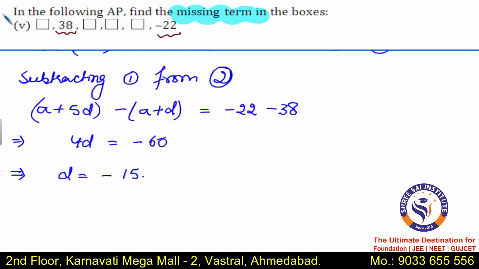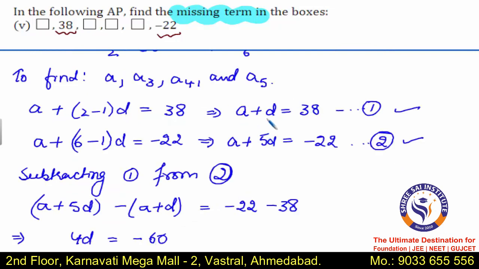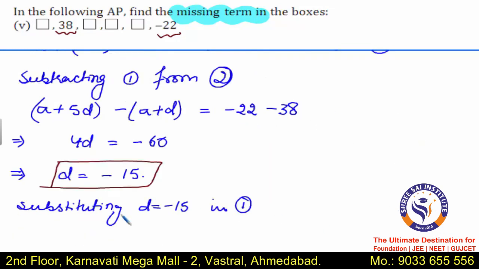Now substituting the value of D is equal to minus 15 in the first equation, which is A plus D is equal to 38. So we have A plus, the value of D is minus 15, and this is equal to 38.